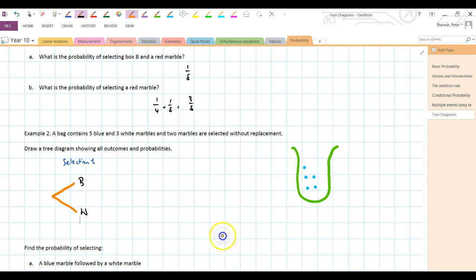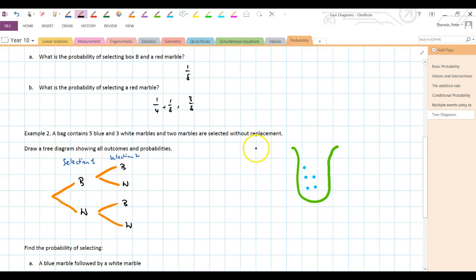And then selection 2 will represent our second branch off. So selection 2 here, and again blue, white, blue, white. So what we're accounting for here is that if the first selection is blue, what's the probabilities now?